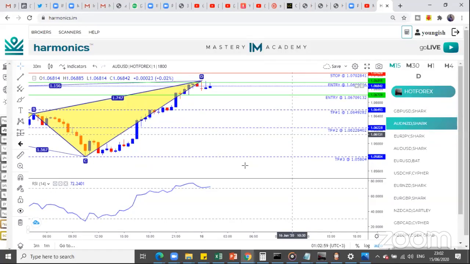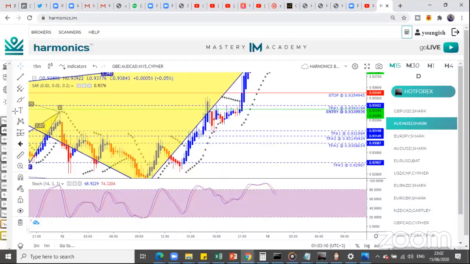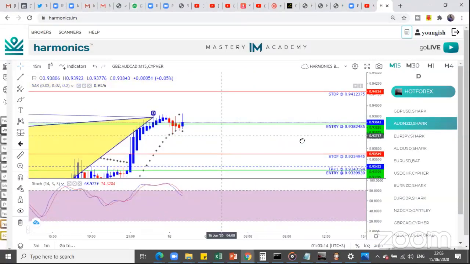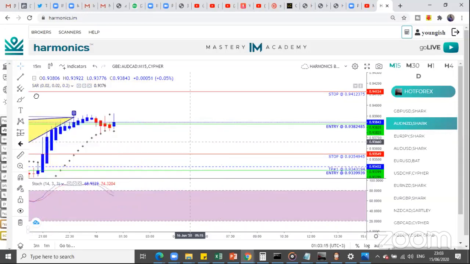Okay, so this is AUD card. So you wait till you see the flat bottom. You can see that the parabolics are turned on the back. So that means you have to be patient.